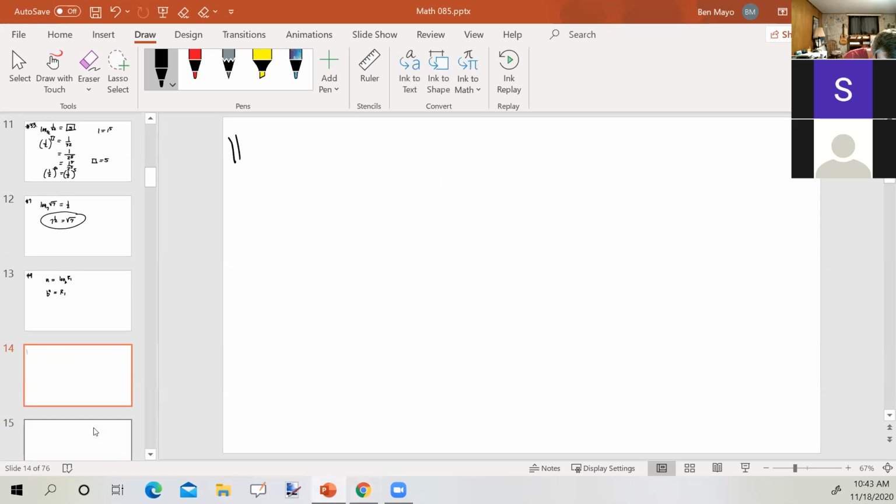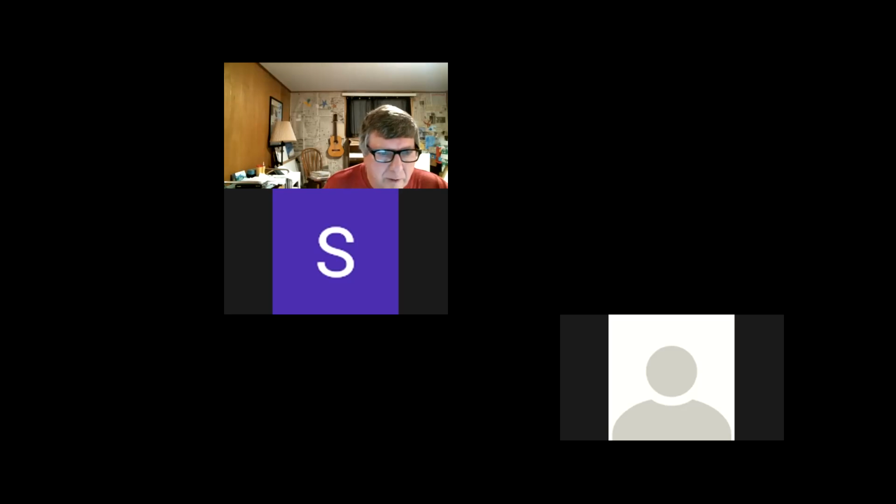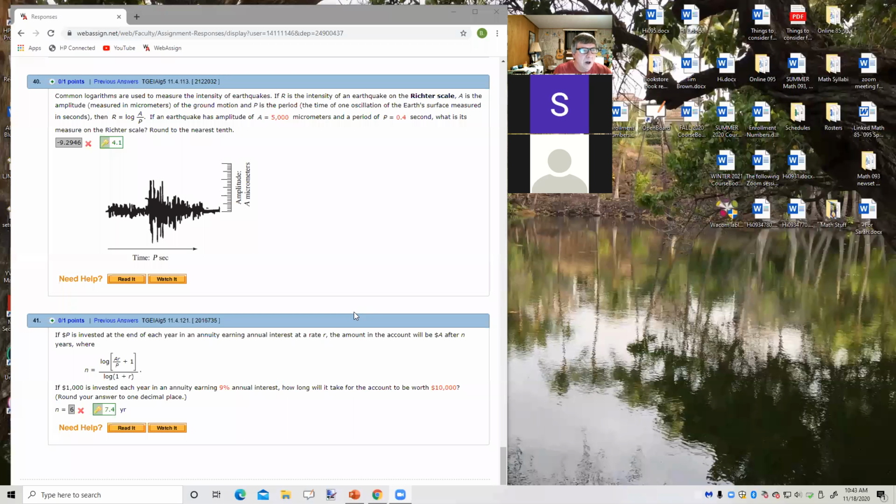Next one up is number 40, and I'm going to show you the picture of this so you can see what we're talking about here. Common logarithms, so that would be log base 10, are used to measure the intensity of earthquakes. If R is the intensity of an earthquake on the Richter scale, A is the amplitude measured in micrometers of the ground motion, and P is the period, the time of one oscillation of the Earth's surface measured in seconds.